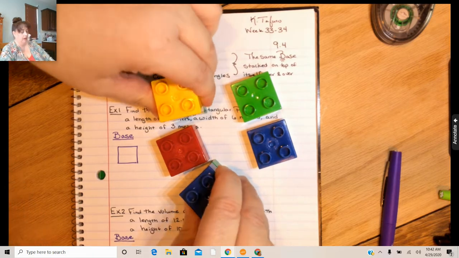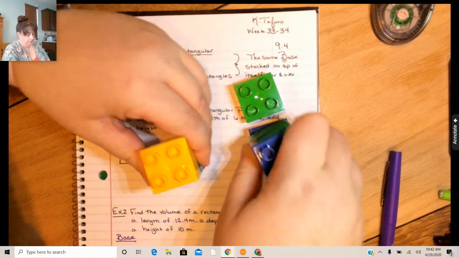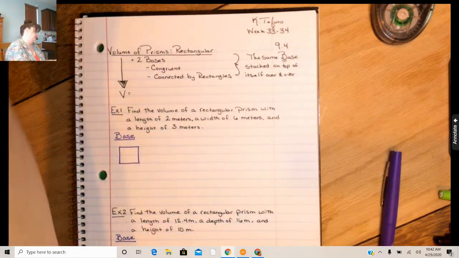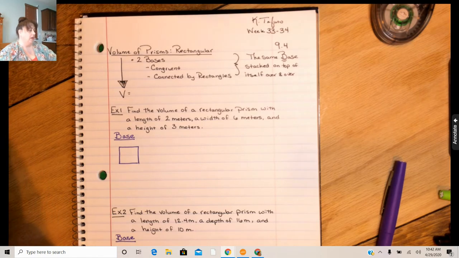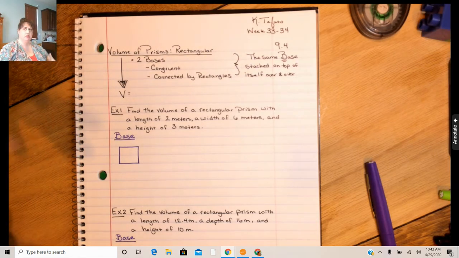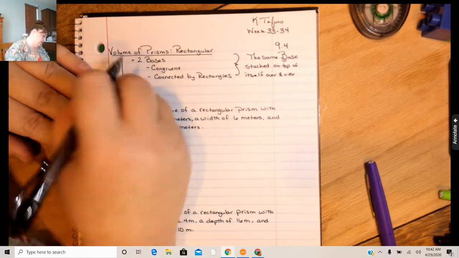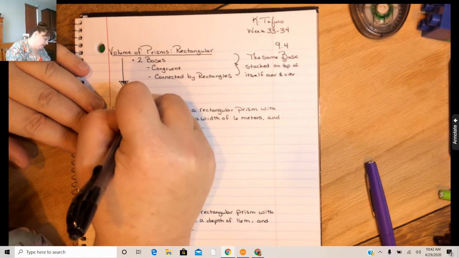We're going to think about it as the base area times the height. It's a really nice way, rather than length times width times height, which is what you were taught already. It's a much more concise way to think of it: the base area times the height.